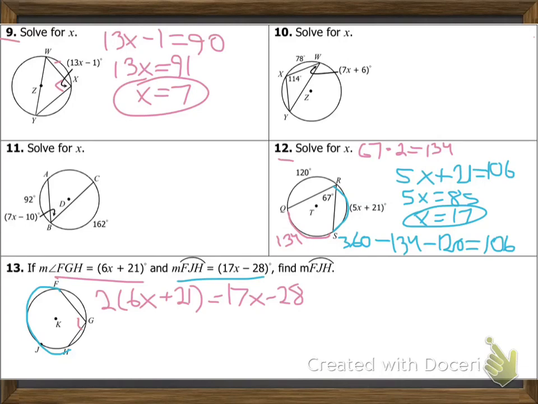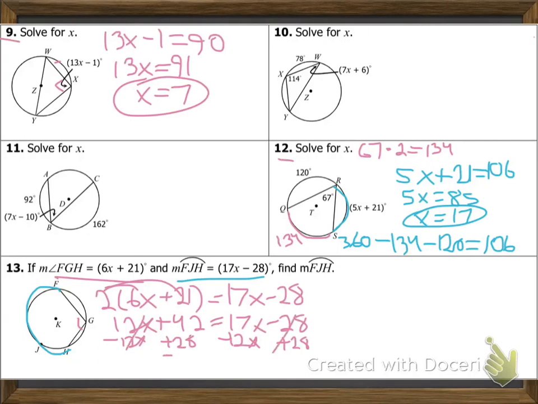So first you have to distribute, so we're going to have 2 times 6, which will be 12x plus 42 equals 17x minus 28. So I'm going to do 2 steps in one, so you're going to subtract 12x from both sides, and then add the 28 to both sides. And we're going to end up with 70 equals 5x.